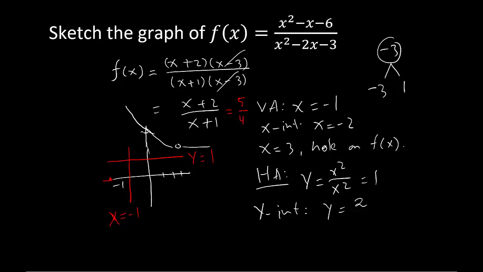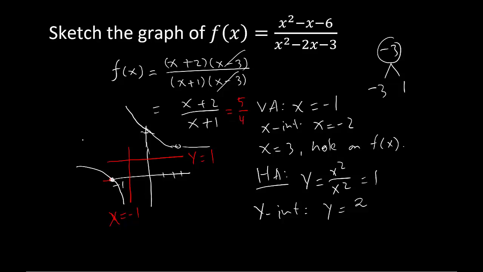There's an open hole here, like that. And then definitely the other part will go just like this, because it passes through the x-intercept. So x-intercept we have seen is negative 2, it's negative 2 here, and then it goes through this. So this is the graph of the function.